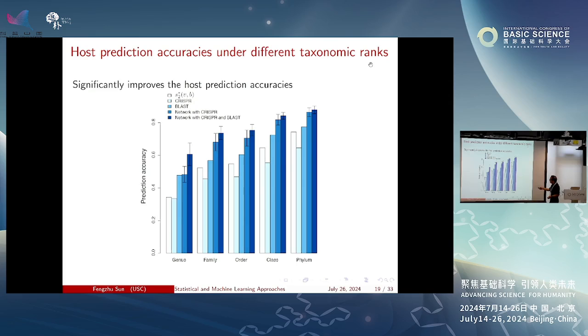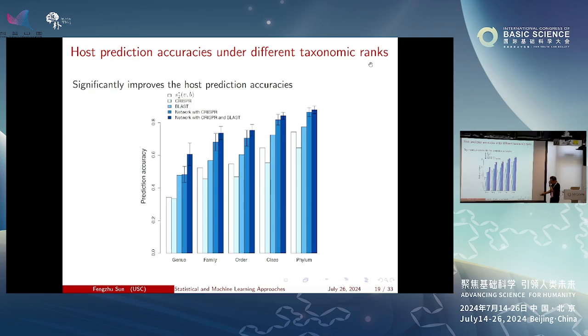And if we use only the network information, so anyway, essentially you can see here that's at the genus level, and this is the family level, so at the different levels.